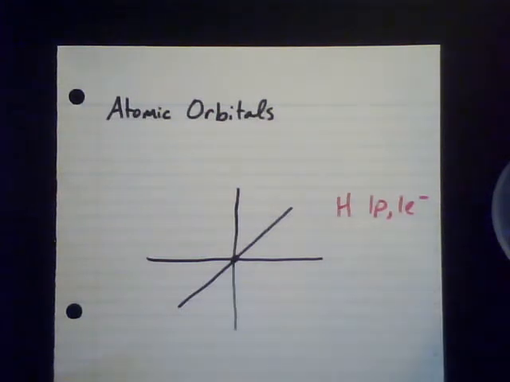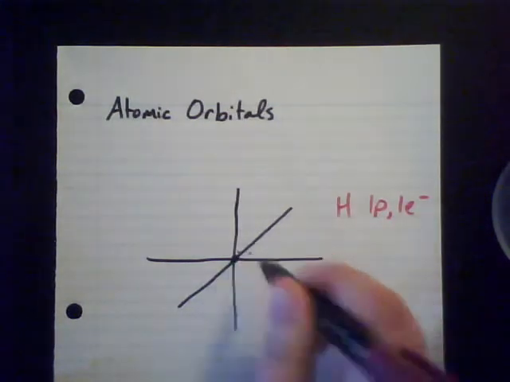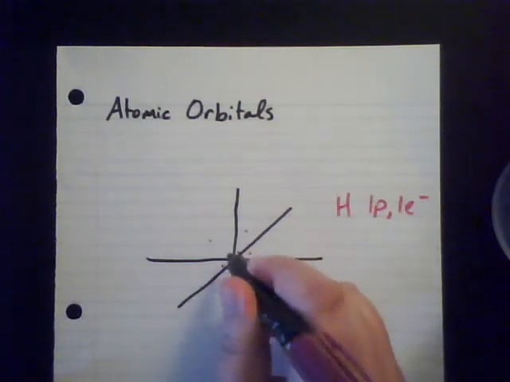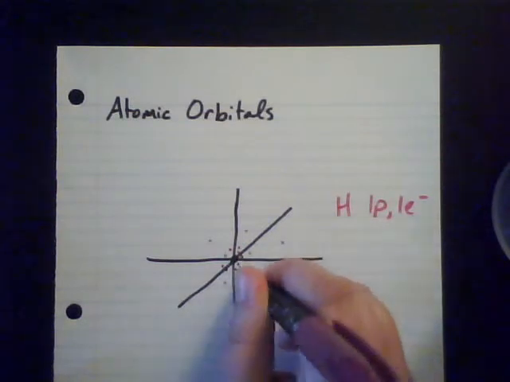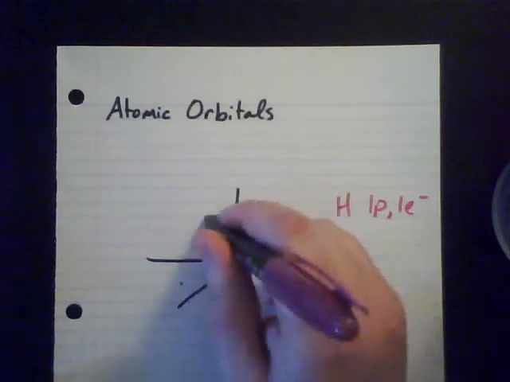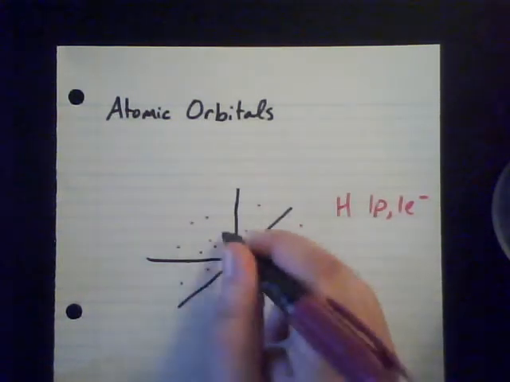I'm going to model my 1 electron with just a dot here. So the first picture I take, it's here, and then it's here, and then it's here. We know that it's always going to be in motion because kinetic molecular theory says that matter is always in motion. So this 1 electron that I'm taking a number of pictures of is going to be kind of all over at any given point.